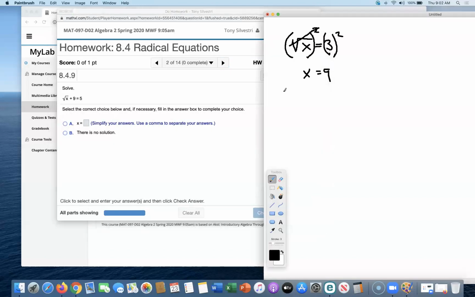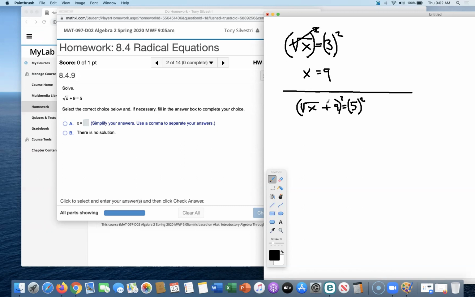Okay. Now, when you start doing these problems, let's say square root of x plus 9 equals 5. Just because you see a square root doesn't mean you square both sides right away. Because if you square both sides, you can do it, there's nothing that says you can't, but it's not going to buy you anything.